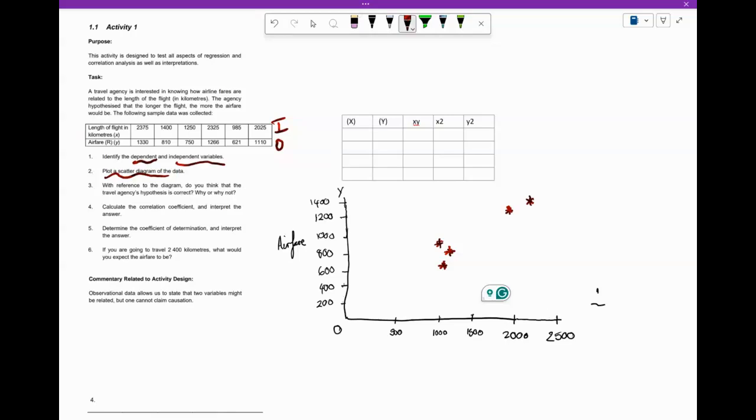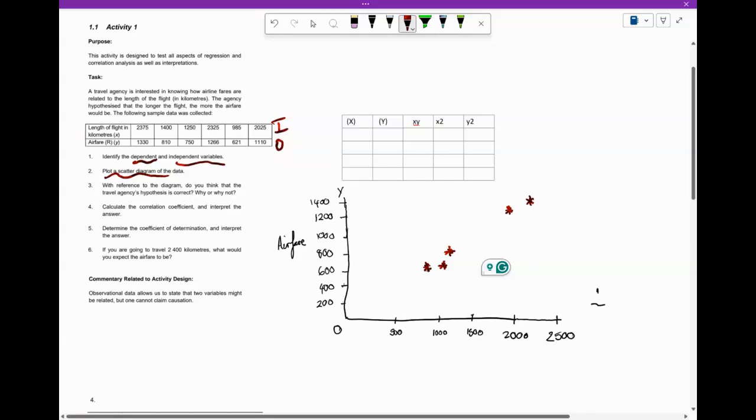I think I skipped one. I need to do the 985 on the x-axis, and then the 621, which we can put somewhere there.